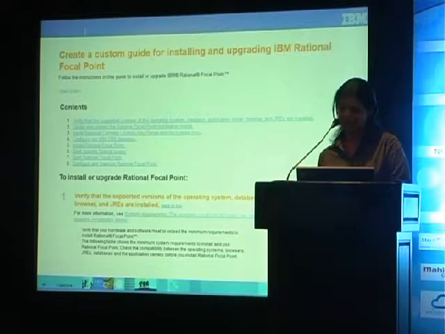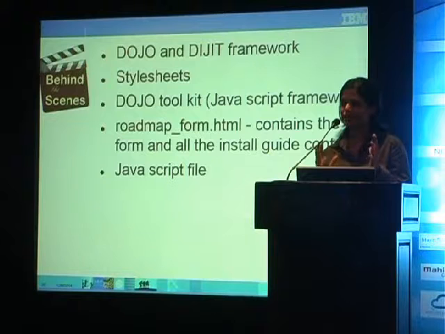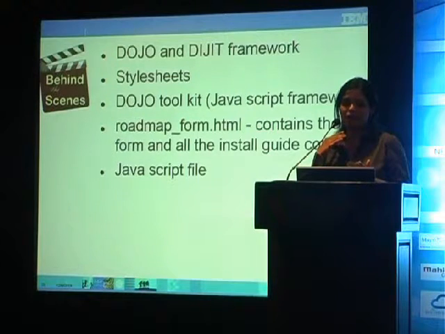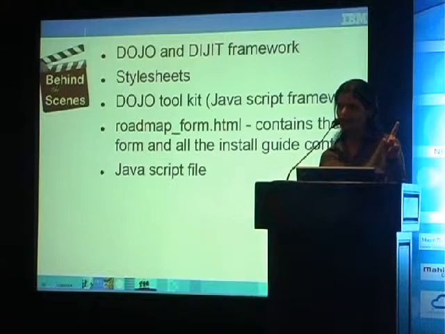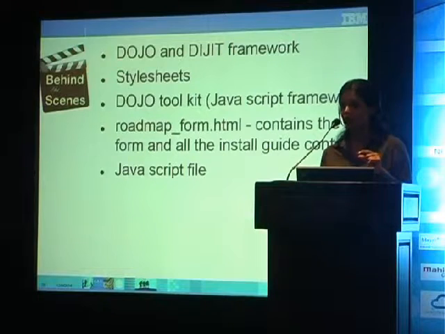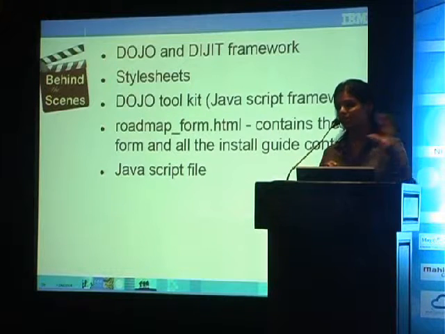It might look a bit complex, but what it really contains is just a Dojo toolkit framework, which had some style sheets, and ultimately we just had one HTML file, that's a roadmap form file, and one JavaScript file. This was created by another information developer from our team itself, and though he wasn't a programmer, he created this basic framework, and all the writers had to do was take this entire framework.